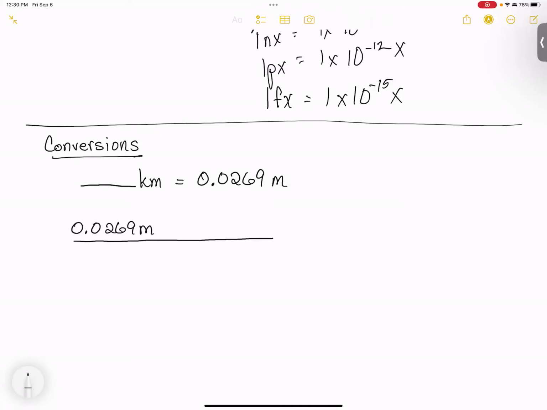When you're dealing with conversions, include your units, and it's going to typically just easily wash away. Basically, you'll be able to place the conversion factor the way it needs to be placed. So I have meters and I want kilometers.